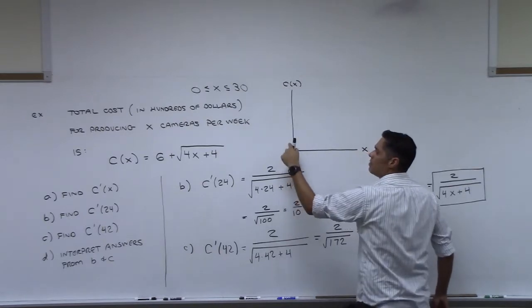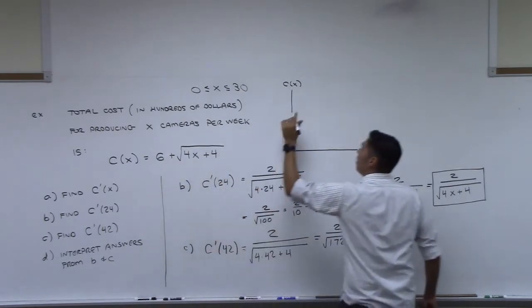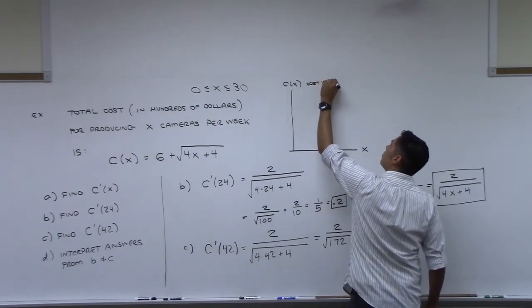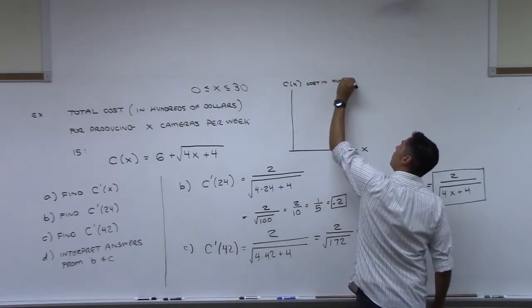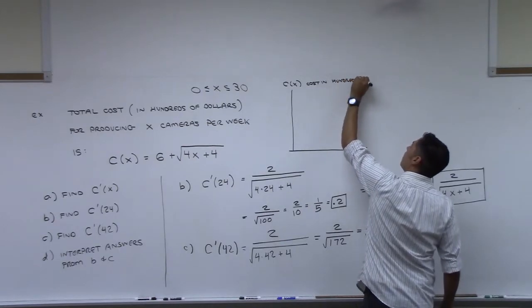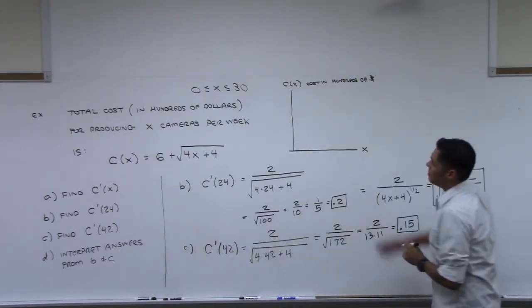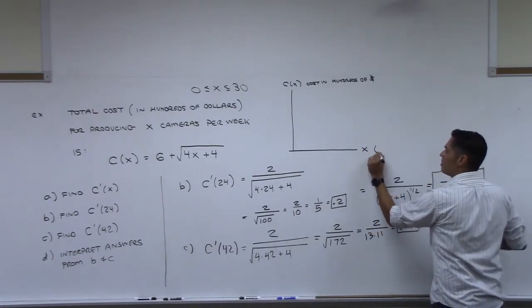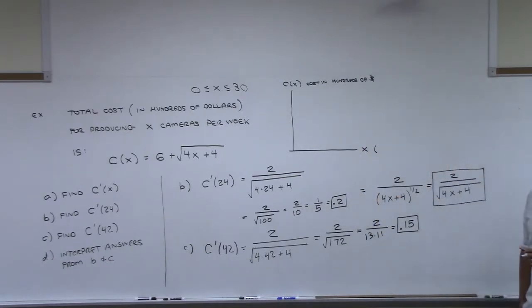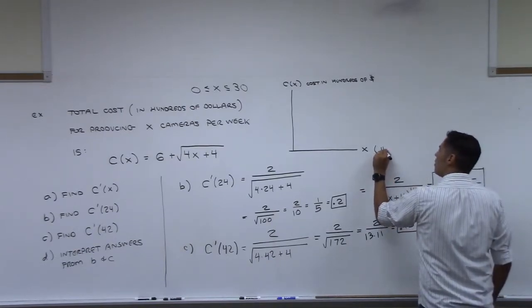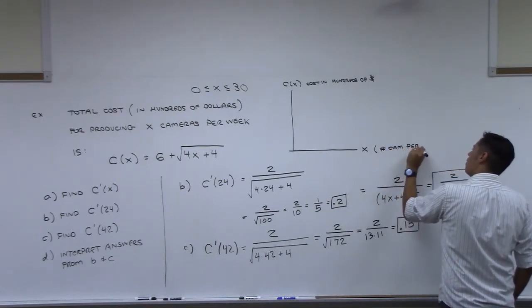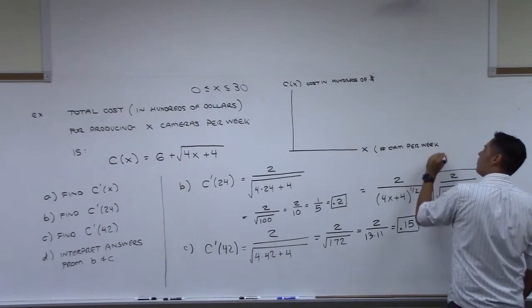This is our cost in hundreds of dollars. That's the y-axis. The x-axis is what? What does x represent? The number of cameras we produce per week. So x is the number of cameras per week that we produce.